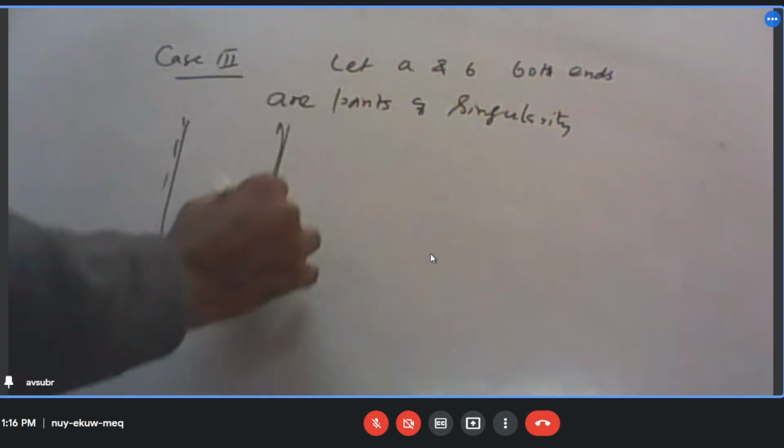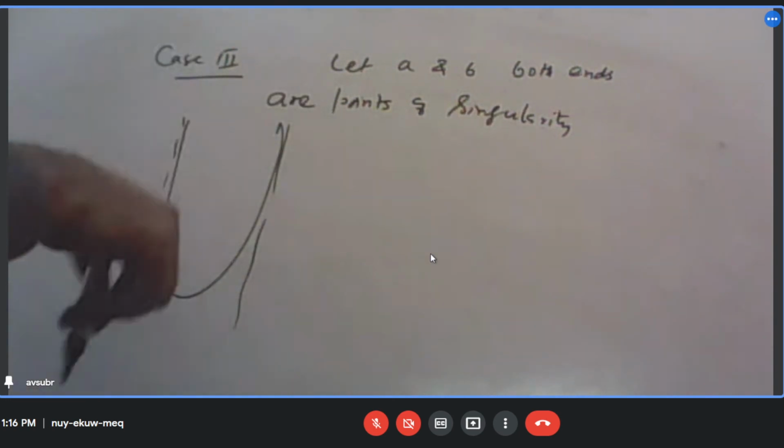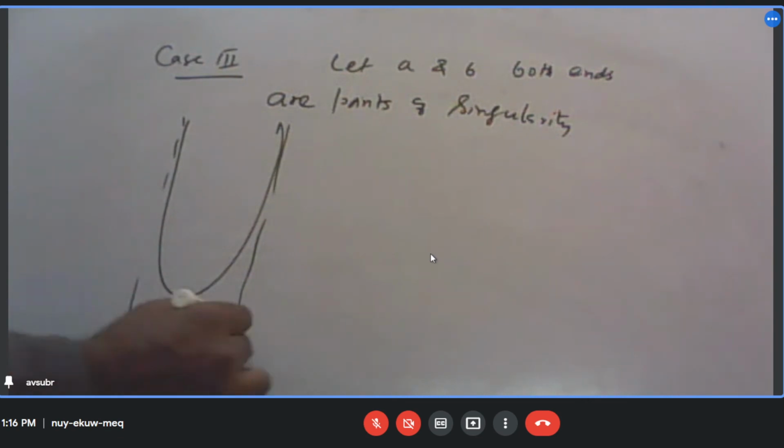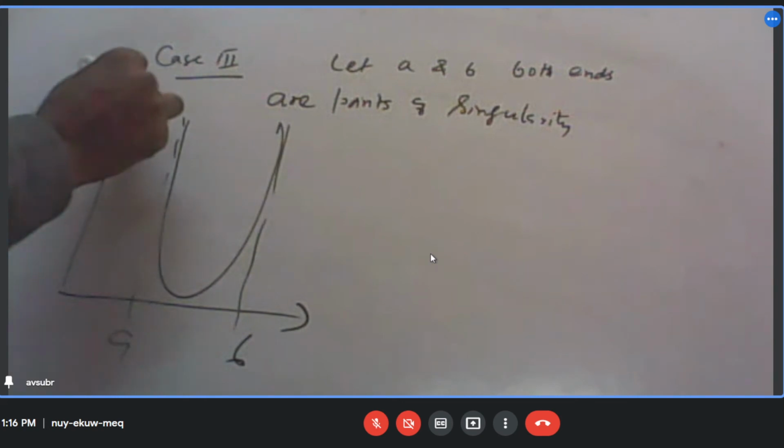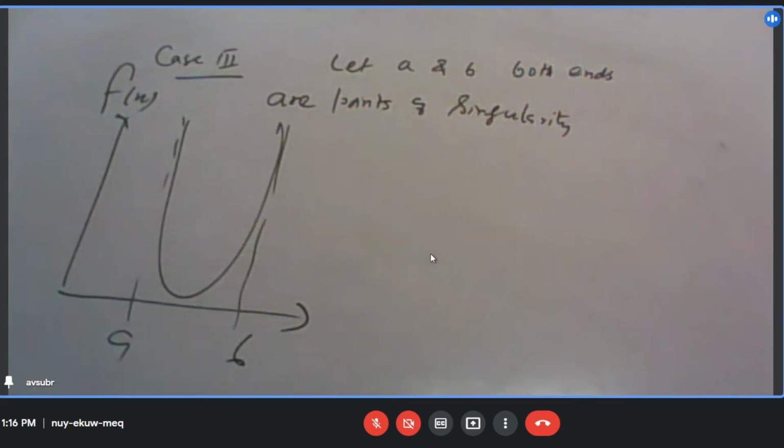Both A and B, both the points are points of singularity, that is discontinuity. This is an example which I have shown over here.